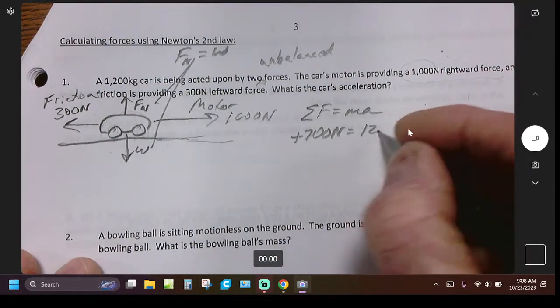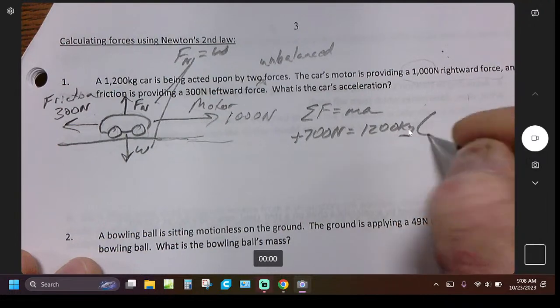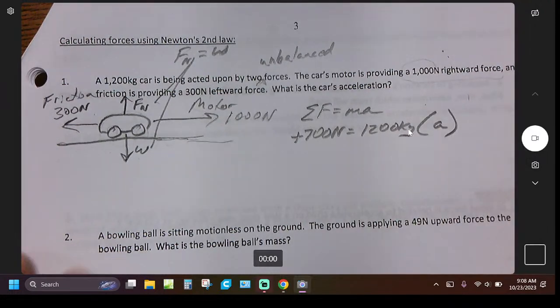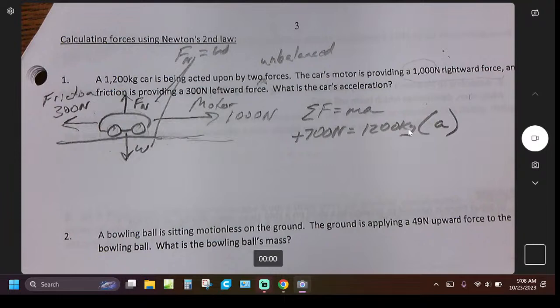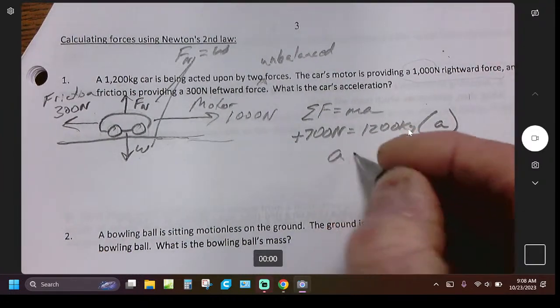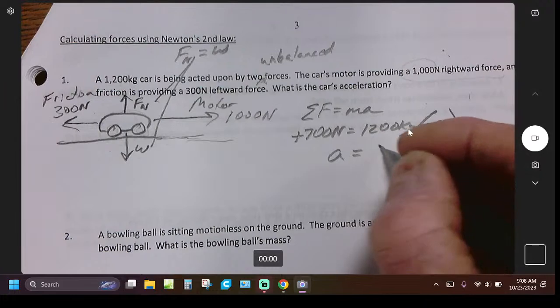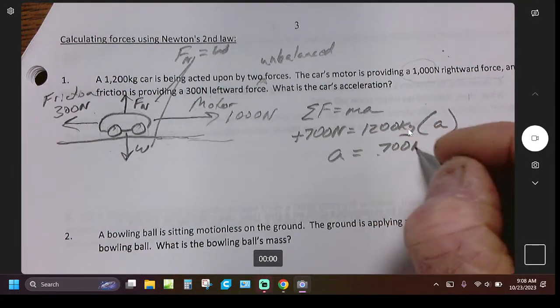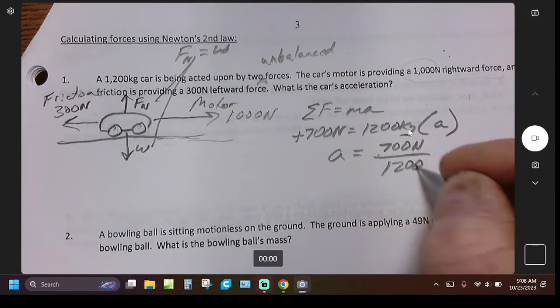Yeah, 1,200 times a. So if you want to find the acceleration, it's just 700 newtons over 1,200 kilograms.